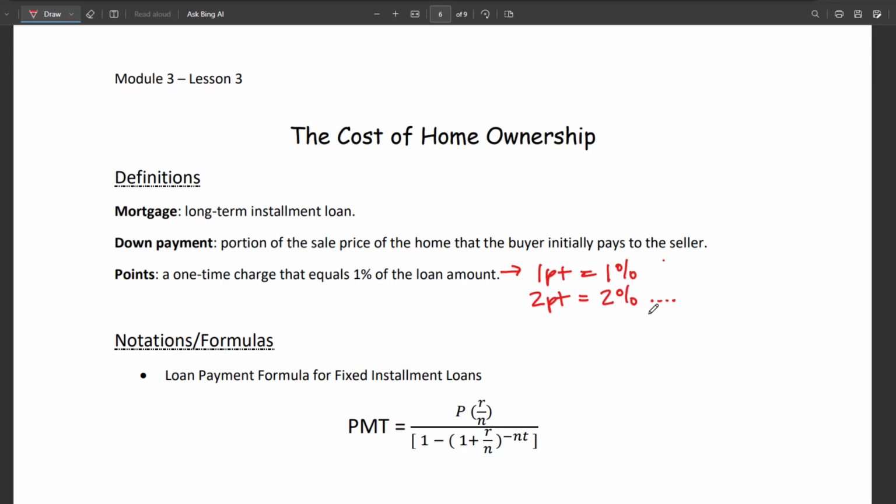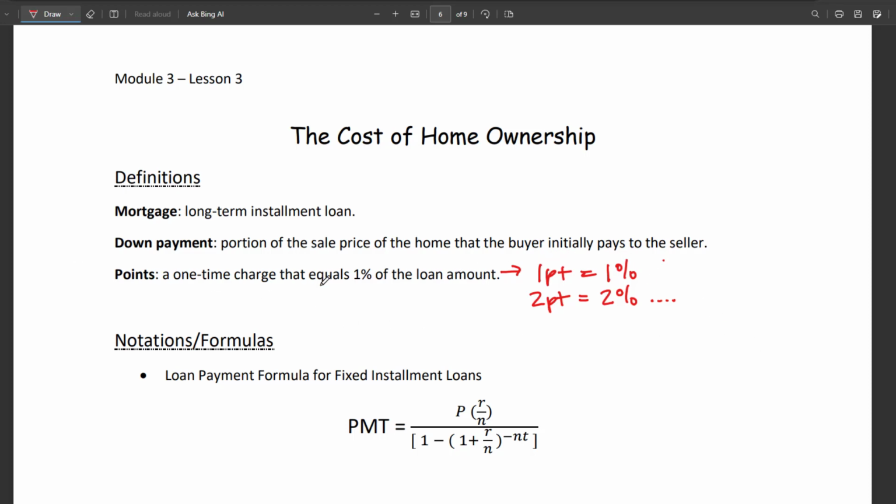I know in the state of Texas they have a program for first time home buyers, and you don't have to put 20% down, but your interest rate is a lot higher and your house payment is going to be a lot higher. So the down payment most of the time is like 20%. We'll look at different percentages in these questions.